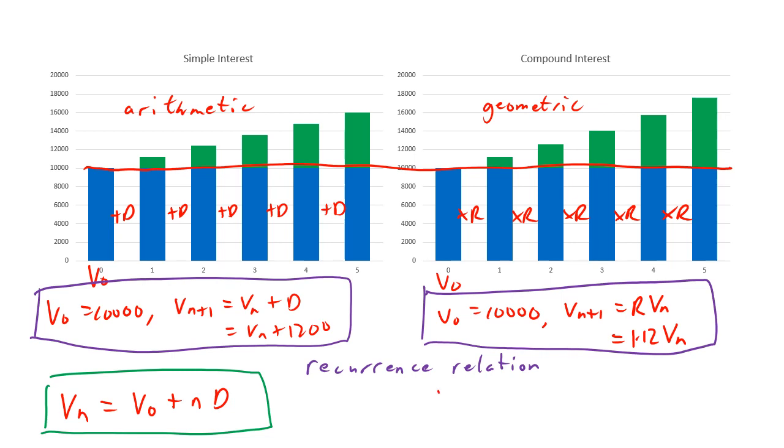And then this one was Vn equals R to the n times V naught. That's the same sort of thing, a rule that takes us straight to term 20: you just say n equals 20, boom, put them in, and we get a value for 20. So that's the two things side by side, looking at it in the way of a recursion relationship.